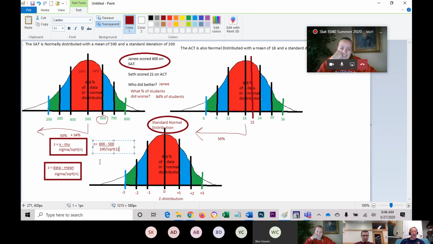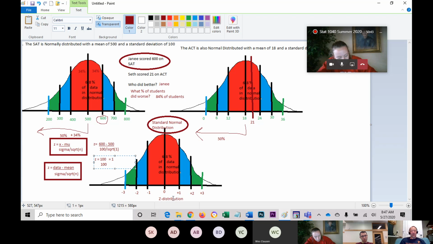So we've just done that, and now we can simplify this. The idea here is Z is going to equal 600 minus 500 is 100, and 100 divided by the square root of 1 is 100. So 100 divided by 100 equals 1.